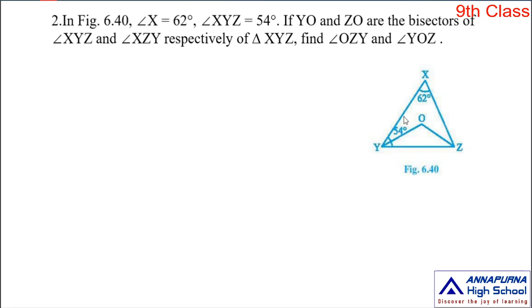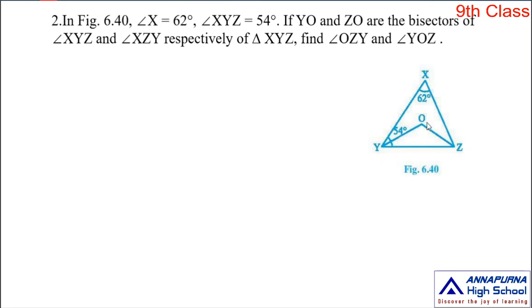First one, angle XYO is equal to angle OYZ. These two angles are equal. Angle XYO is equal to 27 degrees and angle OYZ is equal to 27 degrees.